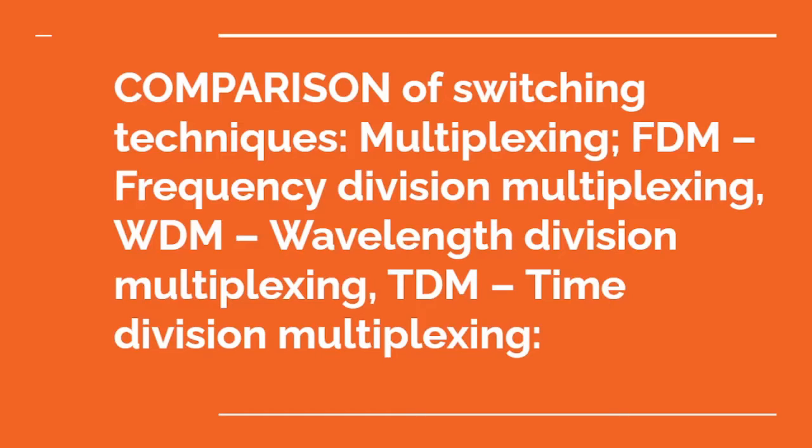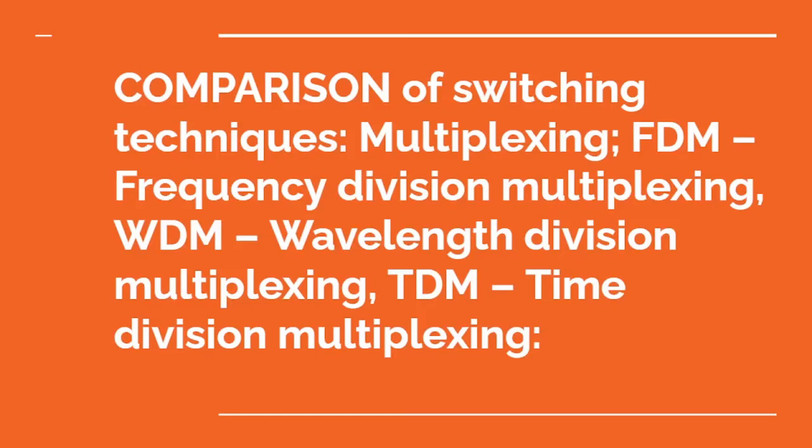Frequency division multiplexing. In telecommunication technology, the total bandwidth available in a communication medium is divided into a series of non-overlapping frequency subbands using frequency division multiplexing.